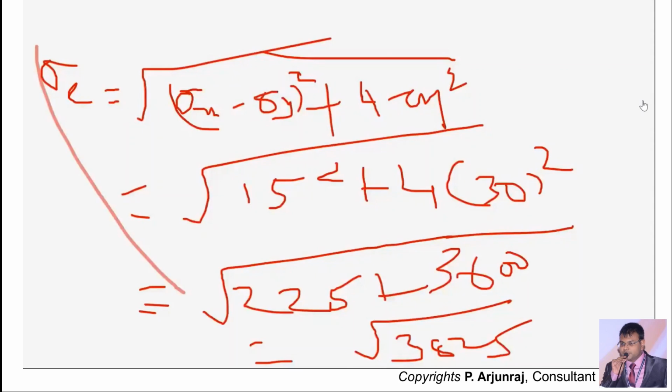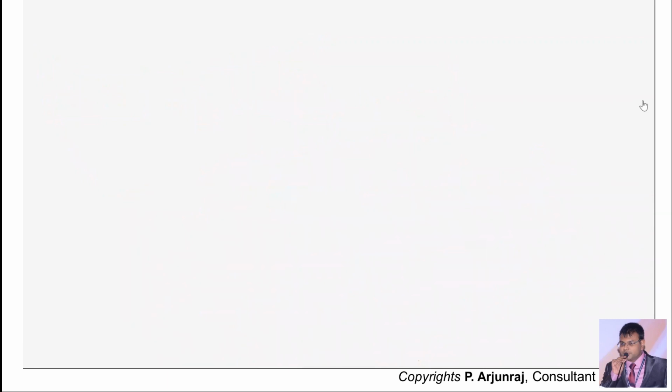I request that parallelly from your side also you can check using the calculator. If in case there are slight mistakes from my side, you can correct it. Okay, let us go to the third part, which is nothing but the shear energy theory.